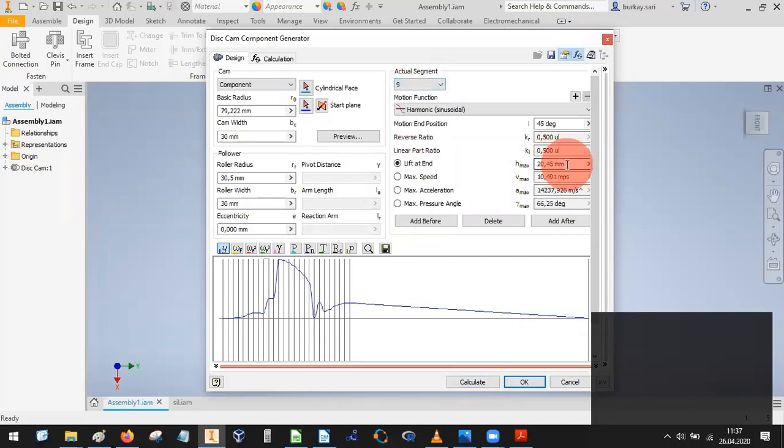9, again, calculate. 10, minus 15.77. Calculate. 11, 15.77.